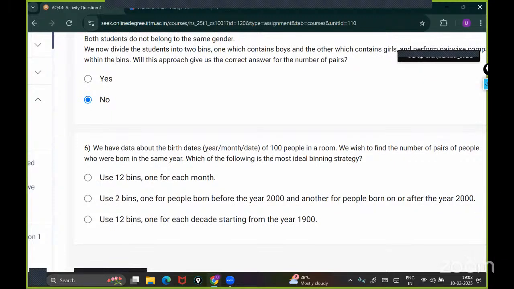And here is the next question. We have data about the birth dates, year, month, and date, of 100 people in a room. We want to find the number of pairs of people who were born in the same year.